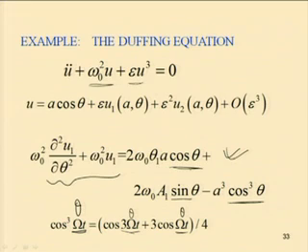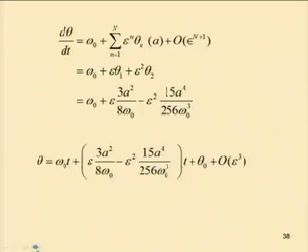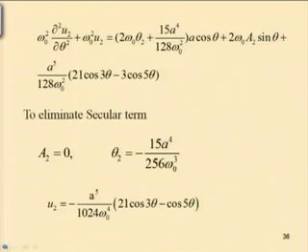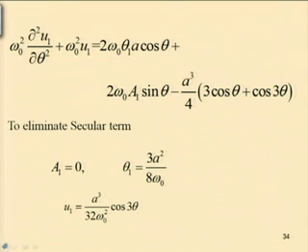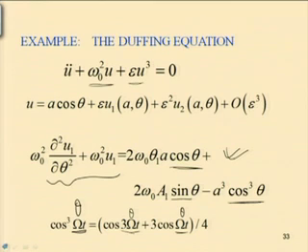So, in the left hand side we have omega 0 square del square u 1 by del theta square plus u 1, where we can take omega 0 square common.